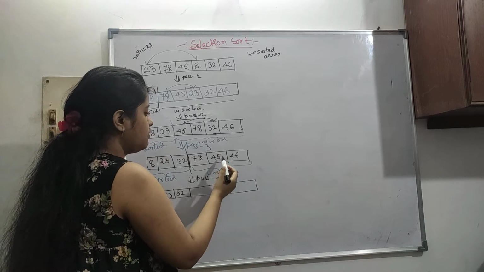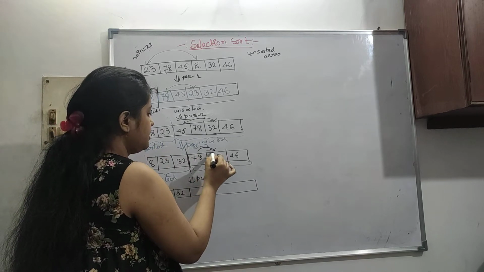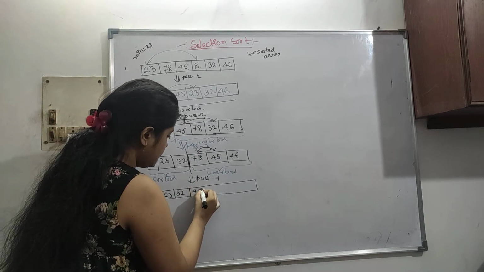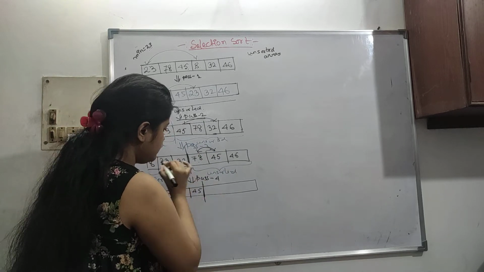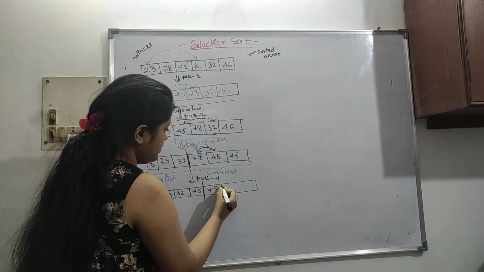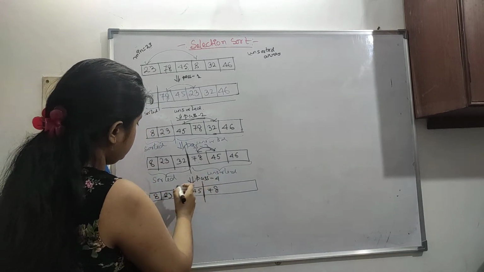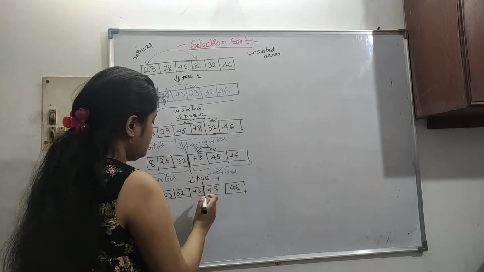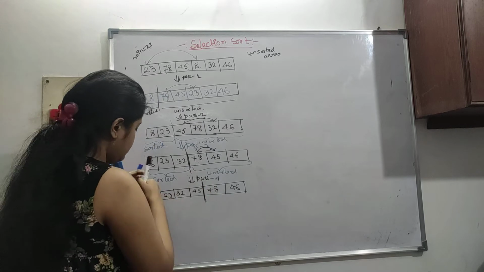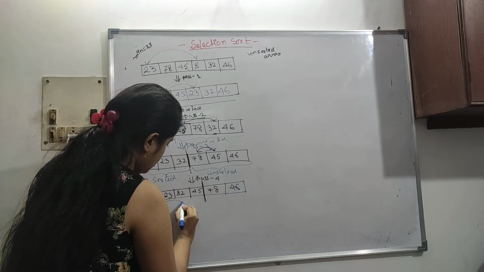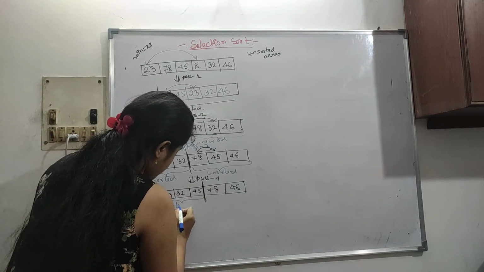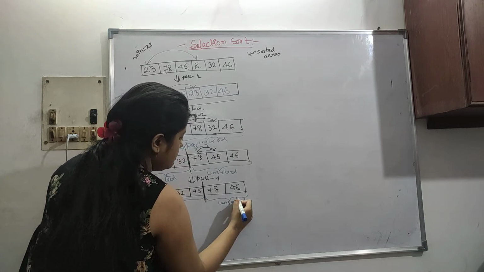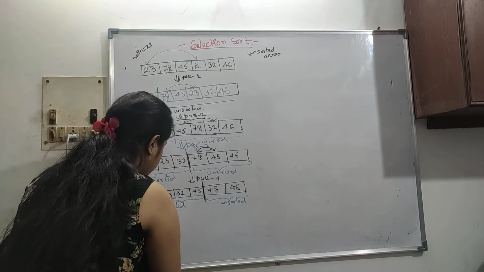Which will be our minimum element? 78 and 45. So 45 is our minimum element. These two will be swapped: 45, up till this it is sorted, then 78, then 46. So up till this is the sorted order and this is unsorted.